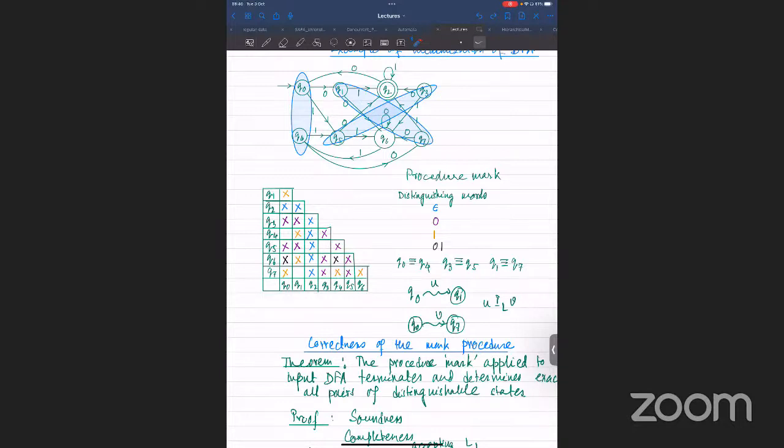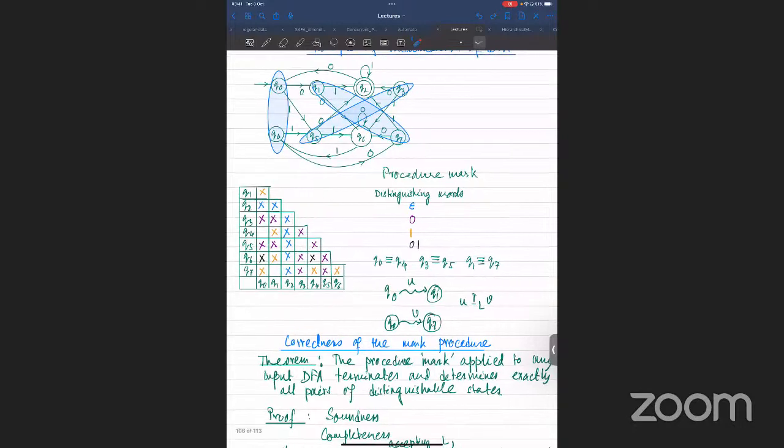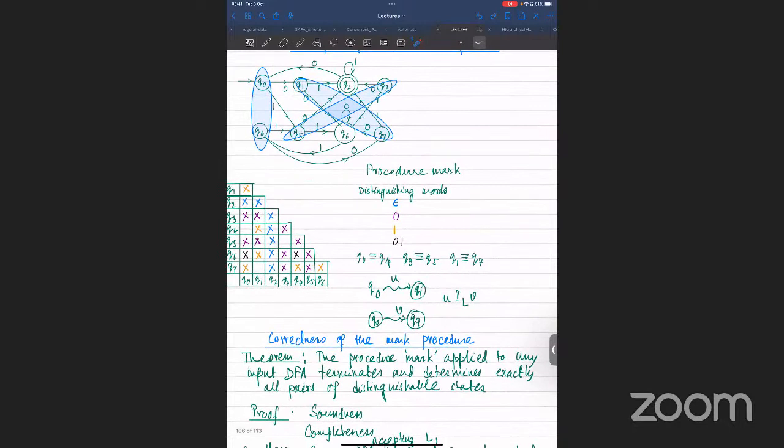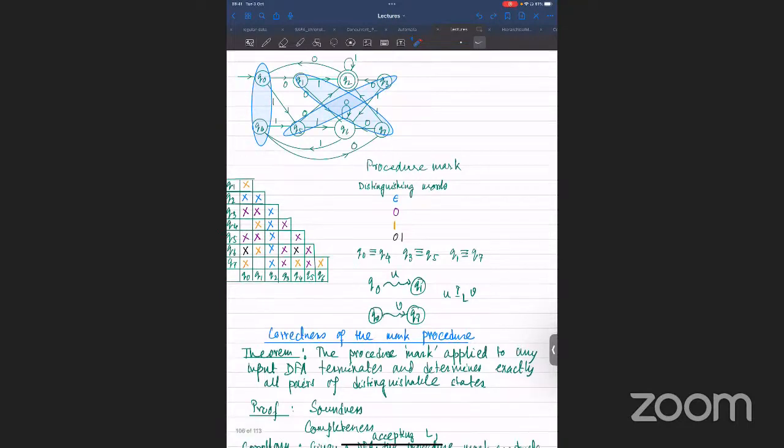Whatever pair remains unmarked, they are indistinguishable. And whatever pair you are marking, they are distinguished by some string. This is what we saw. And now, in order to prove the correctness of this theorem, that indeed this mark procedure determines exactly all pairs of distinguishable states.